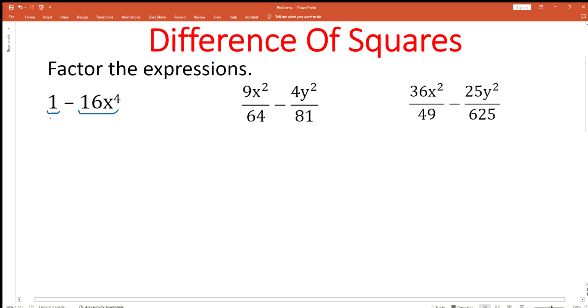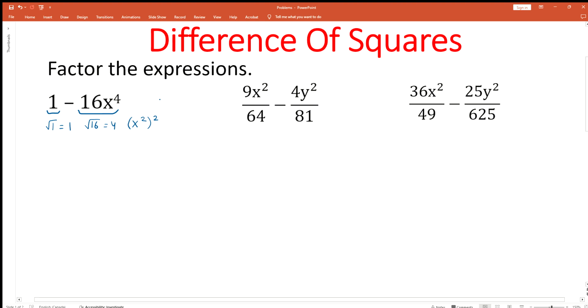Let's analyze these two terms. The square root of 1 is 1. Square root of 16 is 4, and x to the power 4 is the square of x squared. This is a very important step we need to understand to solve this type of problem.